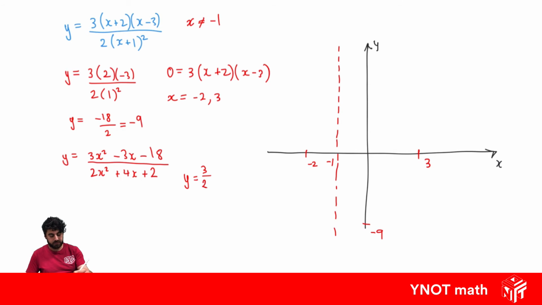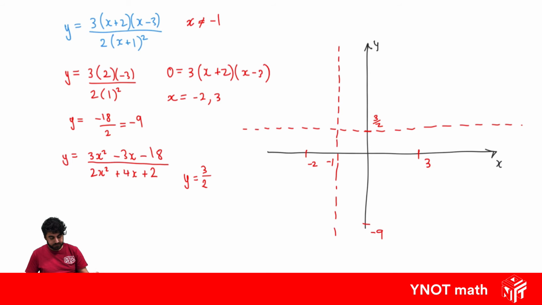So now we know that there's a horizontal asymptote at y equals 3 on 2. So we have this 3 on 2, and we have a horizontal asymptote here.